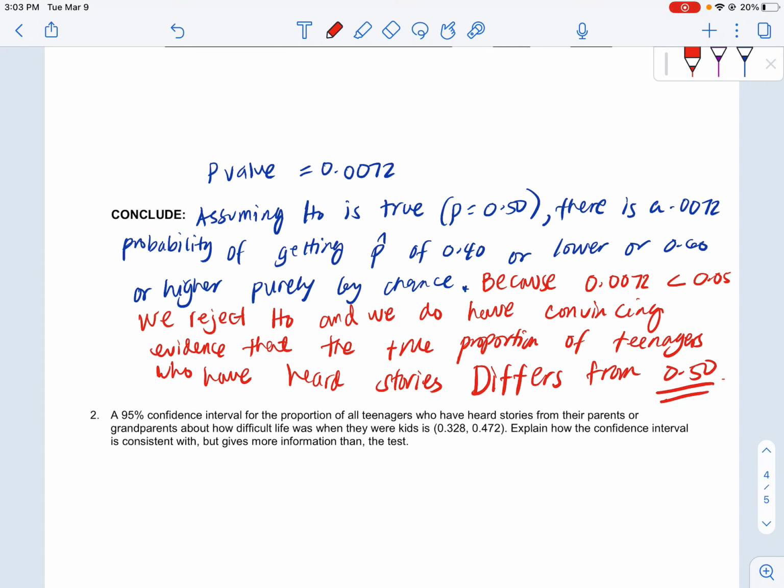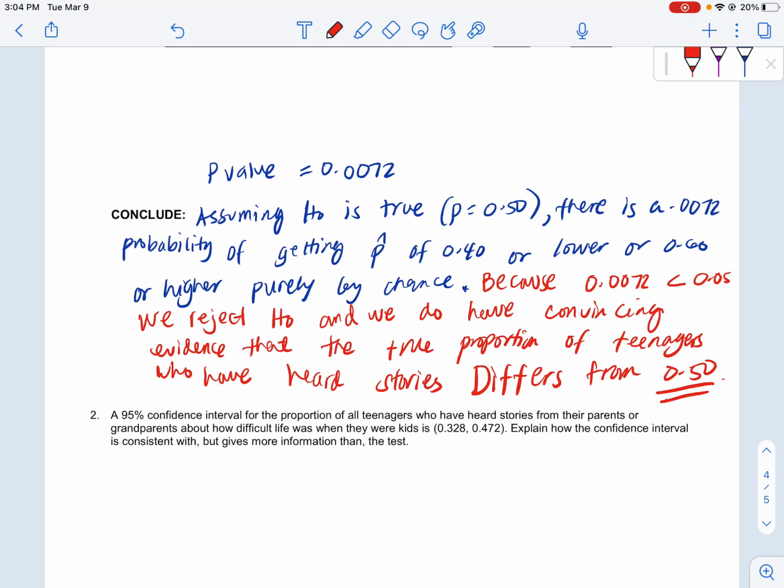So again, I'm not saying that it was less than 50%. I'm not saying it's greater than 50%. What I'm saying is that the true proportion is not equal to 50%, regardless of if it's more than or less than.